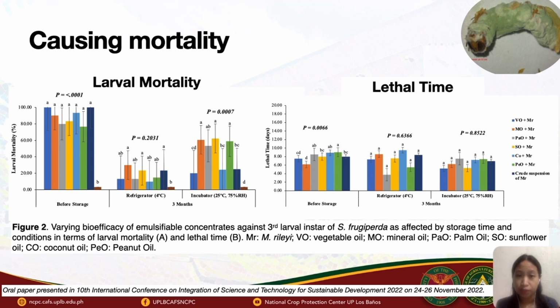The miscibility of oil in water suspension may also contribute to the bioefficacy of the EC formulation, since all of the EC formulations prepared had a homogeneous mixture when mixed with water for treatment spray. Likewise, peanut oil, sunflower oil, and mineral oil, which do not solidify, appeared promising after 3 months of storage.